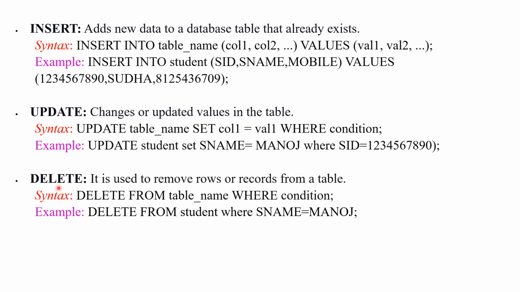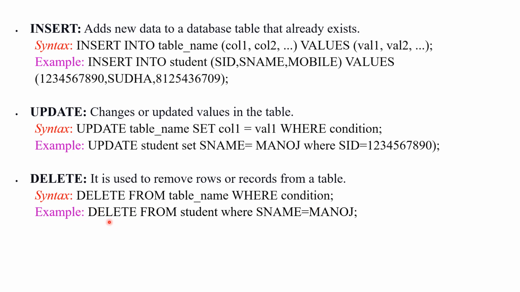The next command is delete. It is used to remove rows or records from a table. So the syntax is delete from table name where condition. If you want to delete any particular row, then we can specify the condition here. Depending upon this condition, the rows will be affected.